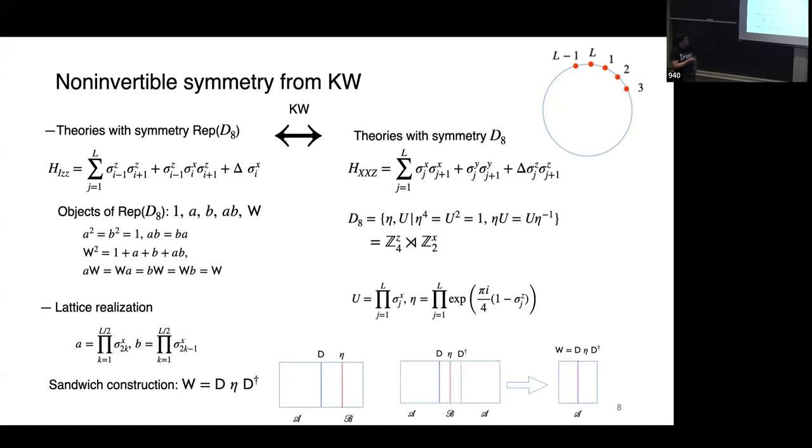Then you can use D and D dagger to go from A to B and back to A. And if you shrink the size of B, you can get non-invertible lines purely in theory A. And this just gives you the non-invertible lines in the Rep D8 theory, which come from the Z4 lines in the D8 theory with the non-invertible duality operators.